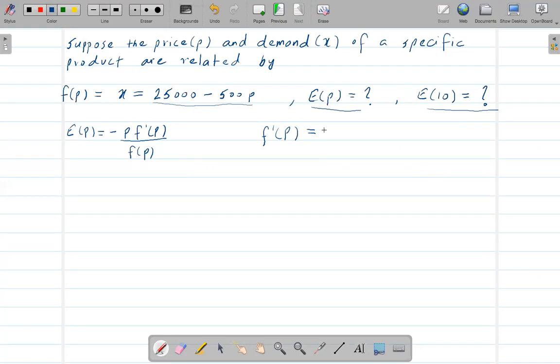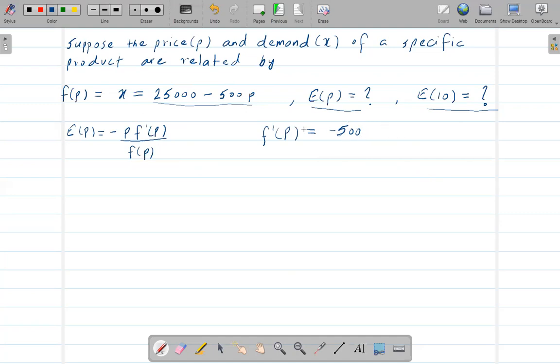This is a number, so that will be 0 minus the derivative of 500p. The 500 will stay there, so minus 500, and the derivative of p in terms of p is just 1, so we don't have to write that. So it's just negative 500.